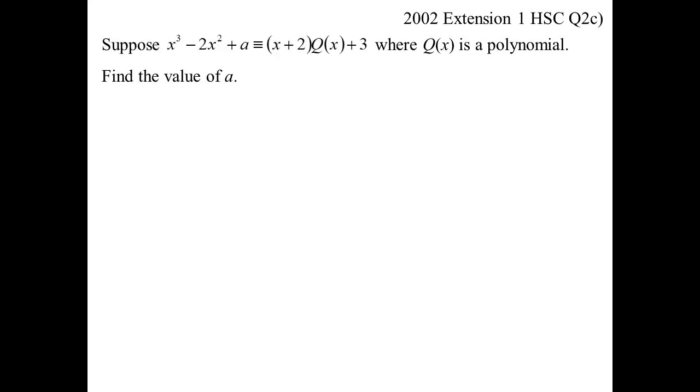So this time we're told that when we divide by x plus 2, we get a remainder of 3. Now they haven't actually said that, but they've written our polynomial in such a way that we need to be able to interpret that. So they're saying, okay, quotient times x plus 2, and then it's plus 3. So x plus 2 is the divisor, 3 is the remainder.